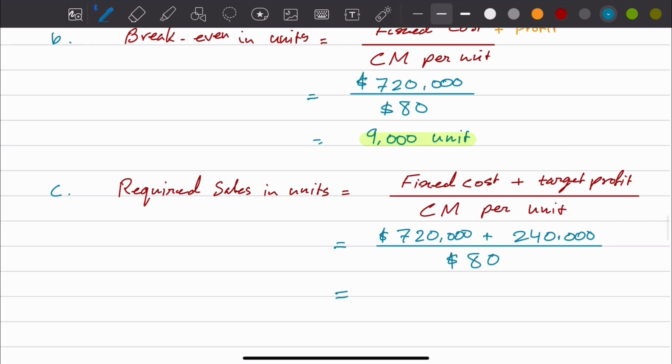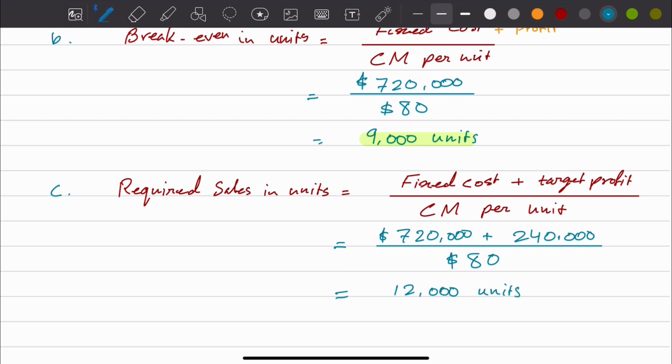Okay, run our numbers in a calculator. So that's going to be $720,000 plus $240,000. That's going to be $960,000 divided by 80. And the answer is going to be 12,000 units.